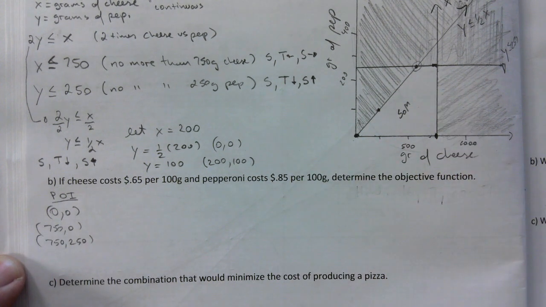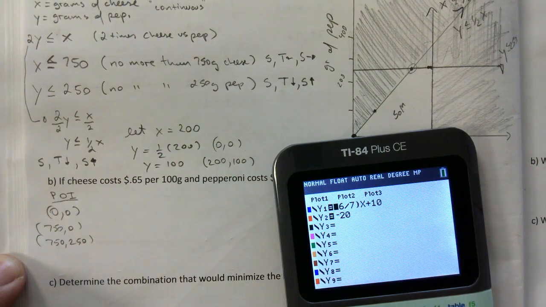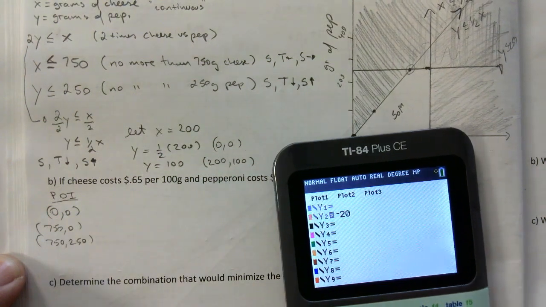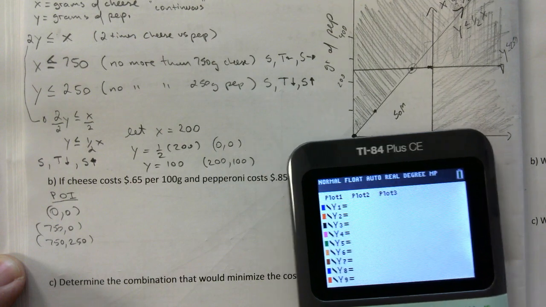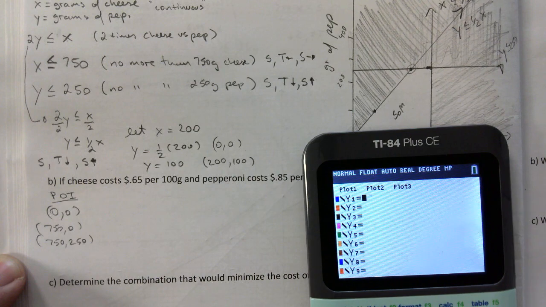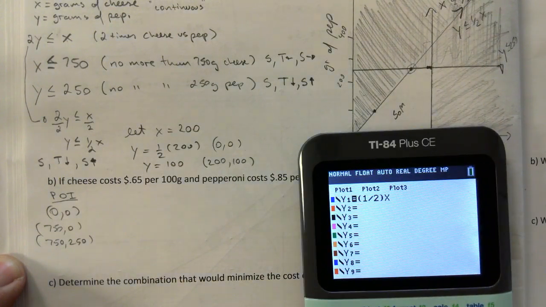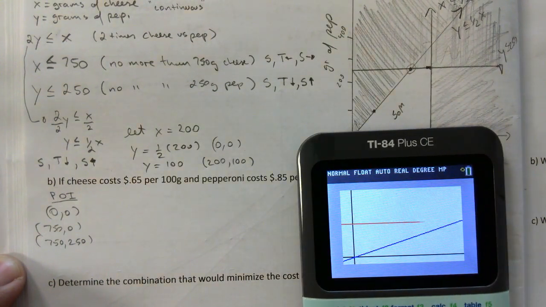And the one I need to find. It's probably not going to be there anymore, is it? No, it's gone. So it's 1/2 x, and the other one is 250. Let's see if it finds it.